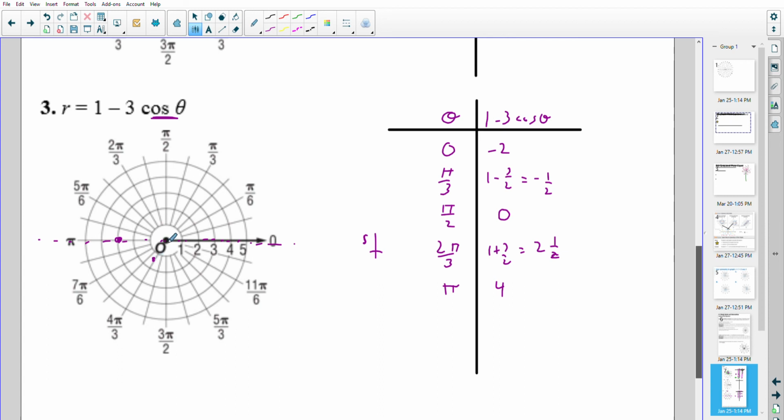And pi over 2 is this. So that's going to actually go like that for the first 3 points. Then we have 2 pi over 3, which is 2.5. So then it's going to go up like this. And then at pi, it's going to be 4.